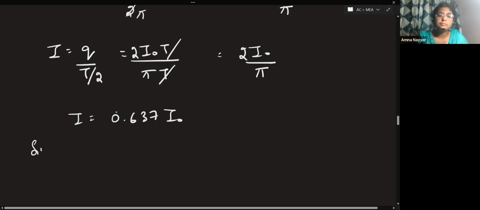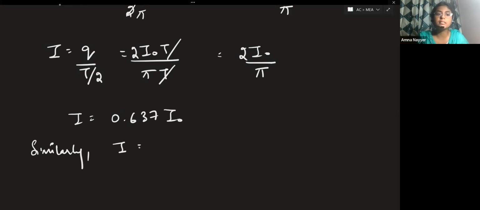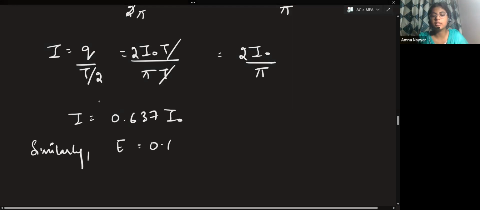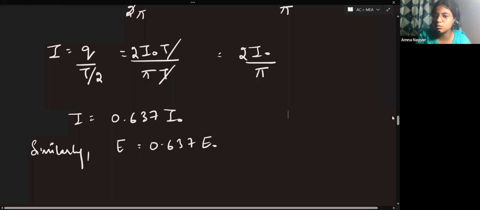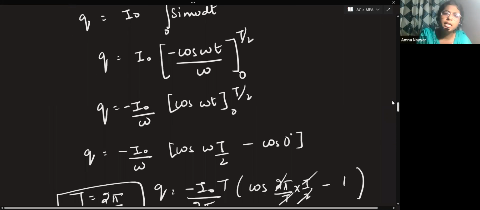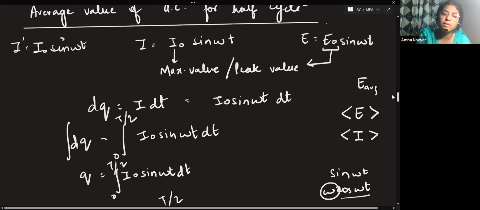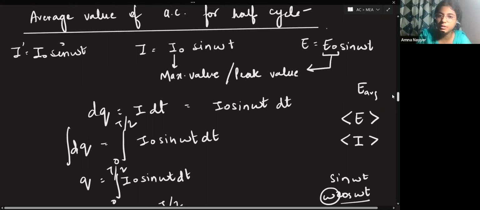Similarly, the value of current is 0.637 I naught, and the value of EMF will be 0.637 E. So this is just the change that will come. The entire derivation till here will be the same, just the limits will be changed.